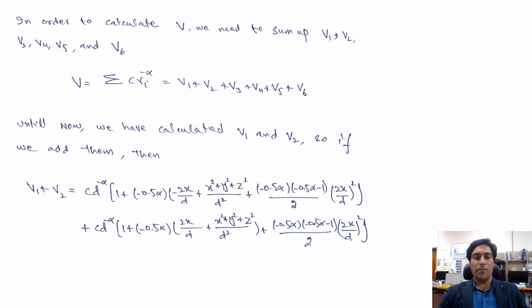The second term is plus c d minus a into 1 plus minus 0.5a 2x over d plus x square plus y square plus z square over d square, plus minus 0.5a into minus 0.5a minus 1 over 2 into 2x over d whole square. So this is V1 and this is V2, and the only difference is the sign.